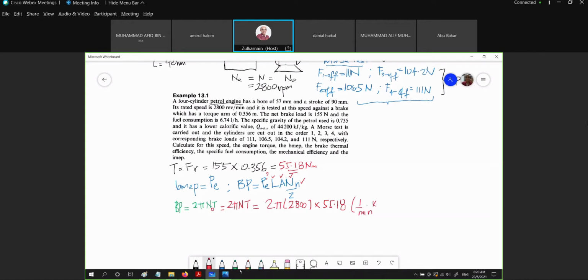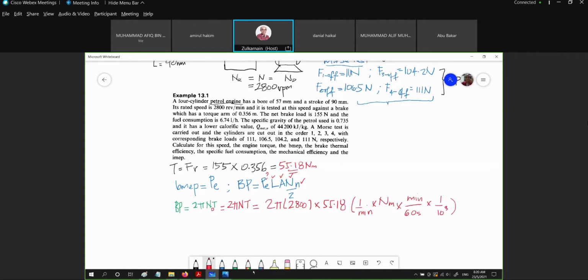Kita kalikan dengan torque Newton meter. Okay. And then kita kalikan dengan unit kena tukar. Di sini ialah minute. Divided by 1 minute is equal to 60 second. And then kalau kita nak tukarkan kepada kita punya unit kilowatt, mana kita kena bagikan dengan 1000 lah. Bagi dengan 1000.